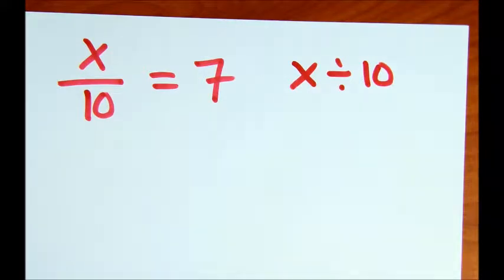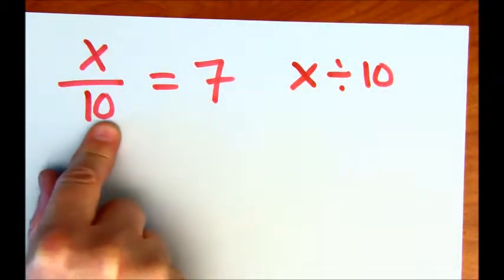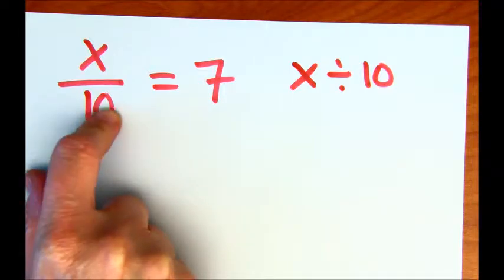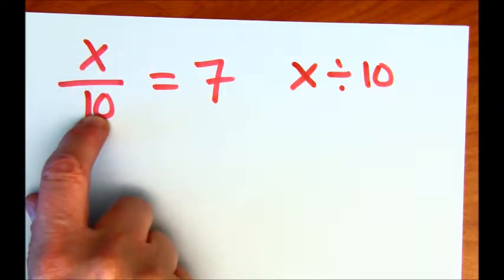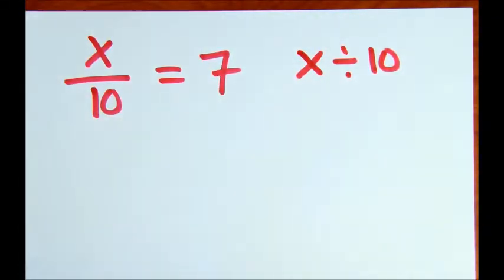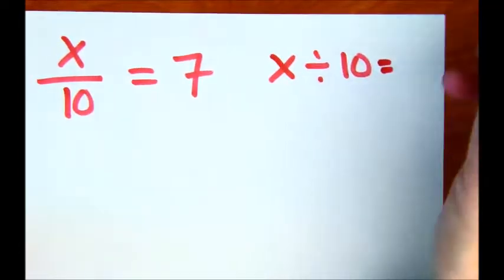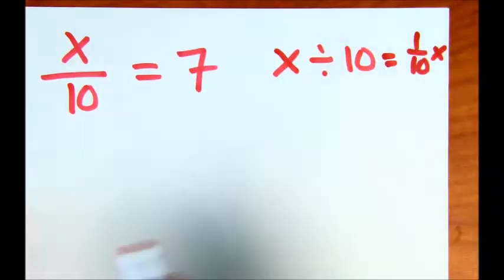So in the multiplication principle of equality, we're going to multiply a number to this setup here so that we can isolate x. We want x all by itself. We want to get rid of that 10. So this is really 1/10. That x over 10 is also the same thing as 1/10 x.